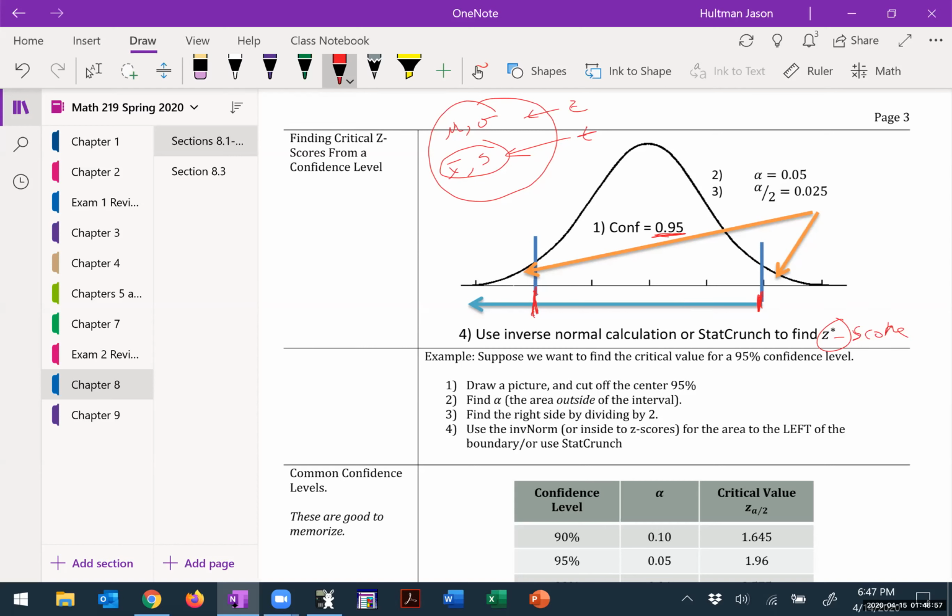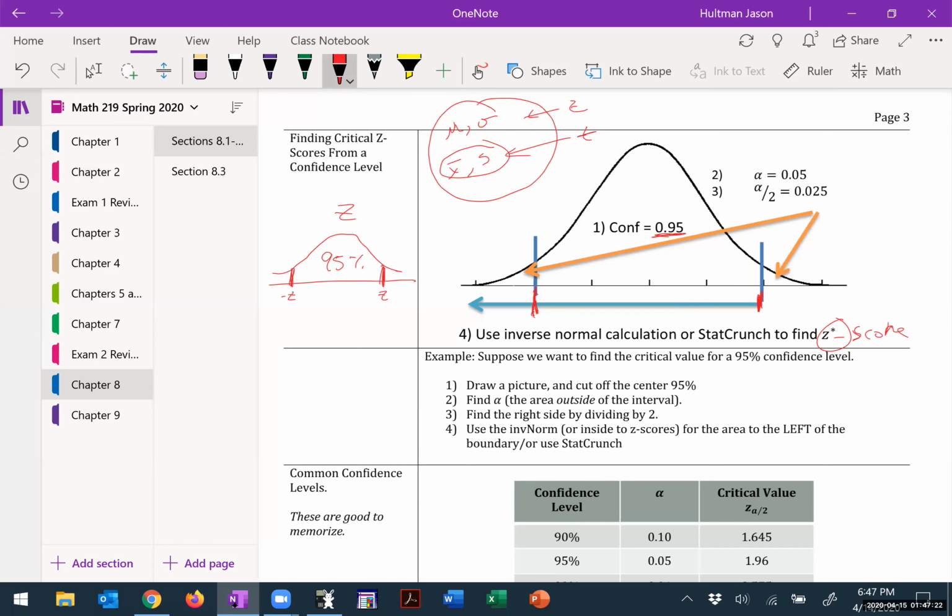What I really want is to find, for a normal curve, remember this is z, z is normal, what's the cutoff? Negative z and positive z. What's that cutoff for 95%?